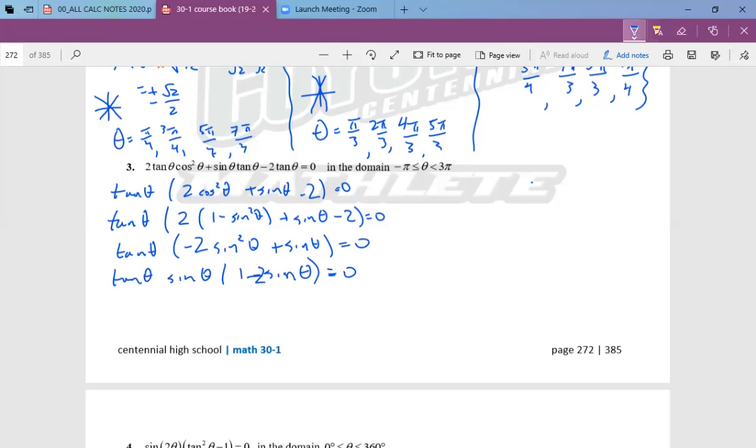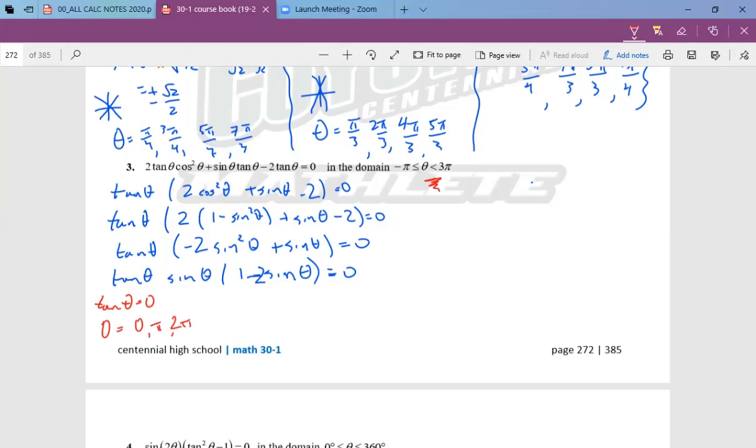All right, so what does this give us? Let's change colors here just so it separates this work. We have tan theta equals 0. That happens, of course, and theta is equal to 0 and pi, 2 pi. It's not quite making it to 3 pi, right?